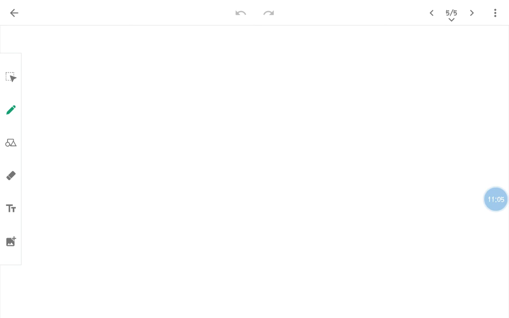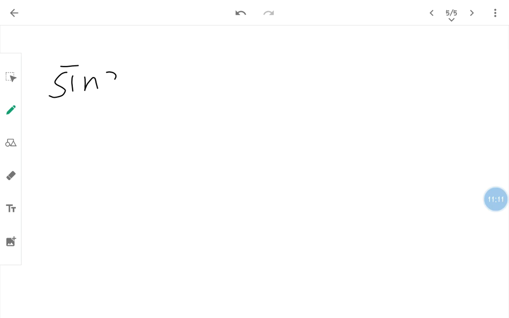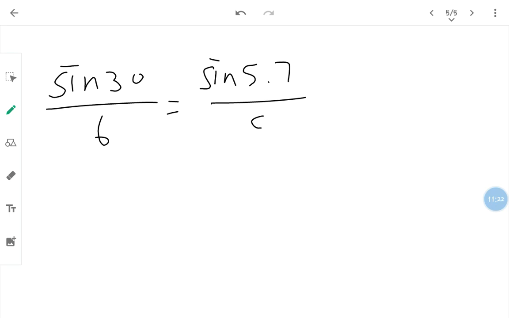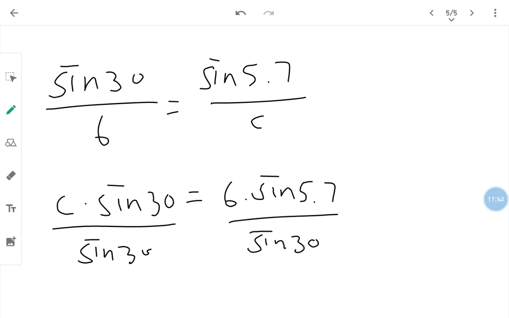So I can start all over again, sine 30 over, what was the length, which is 6, equals sine 5.7 over side C. That's what I'm looking for. Do the cross multiplication. C times sine 30, or sine 30 times C, equals 6 times sine 5.7 divided by sine 30 this time. Since I'm finding a side, I don't need to use arc sine this time.